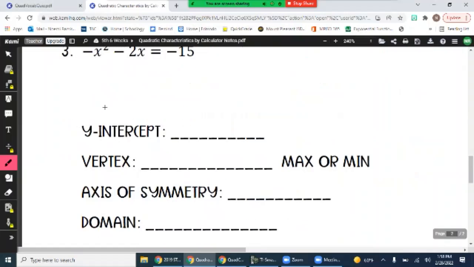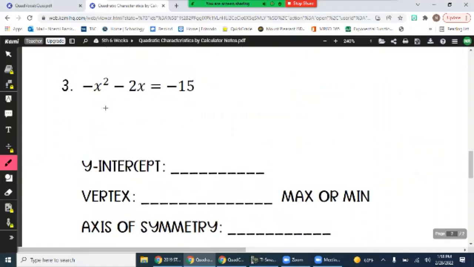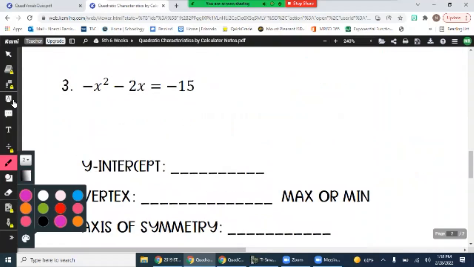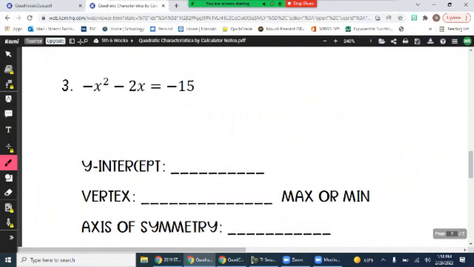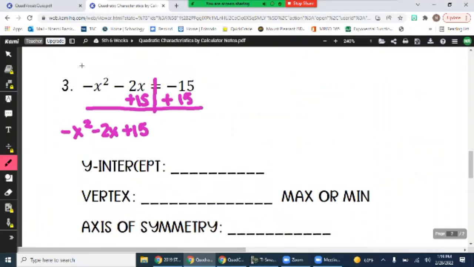So first things first, I need to make sure what? That I need to move what? Okay, so how do I move it? Having that equal 0 is putting it in Y equals form.